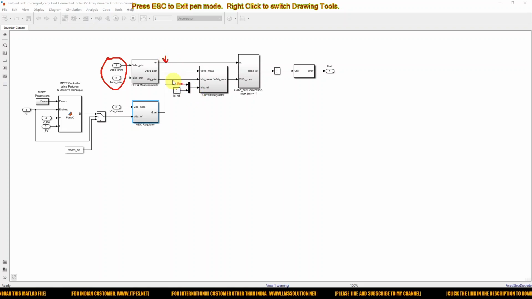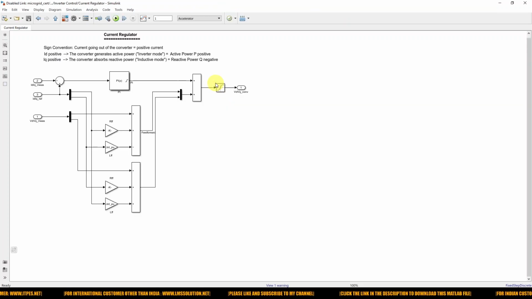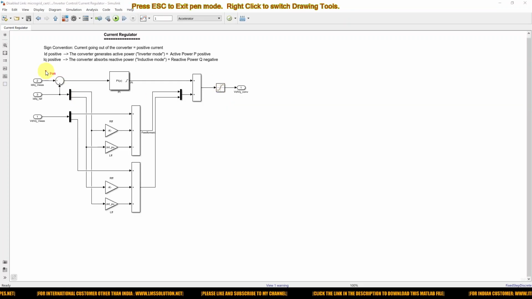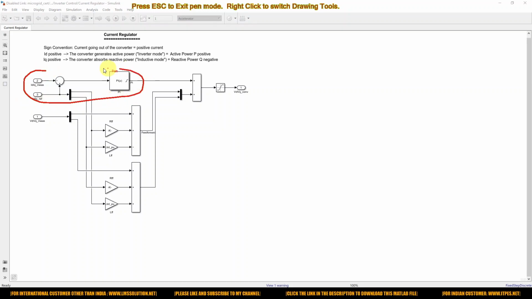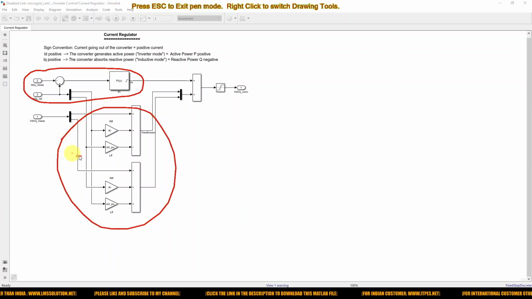After that we have to compare the reference current with the actual current in the DQ form, and here we also use feed forward control logic, and finally we get the controlled voltage or control signal in the form of DQ.